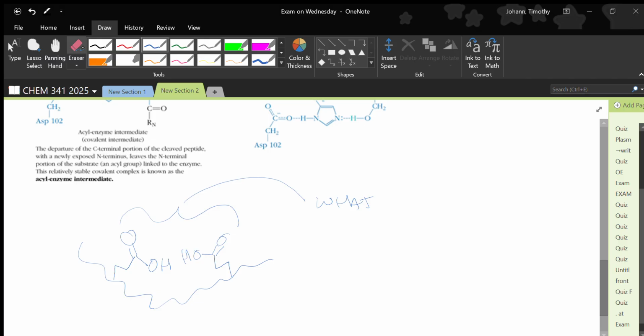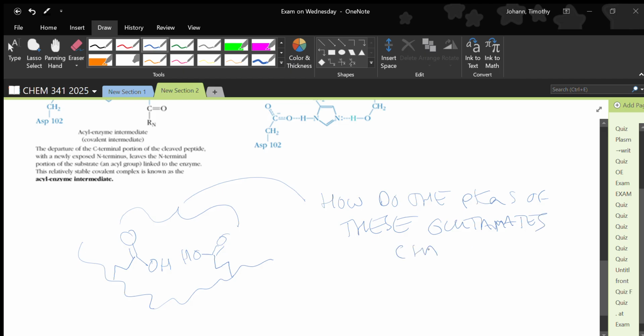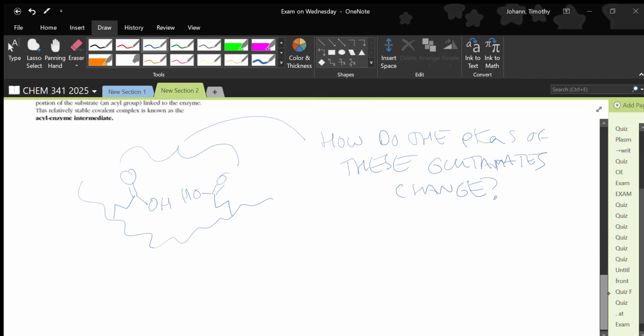Or let's say, how do the pKs of these glutamates change? All right, what do you think?